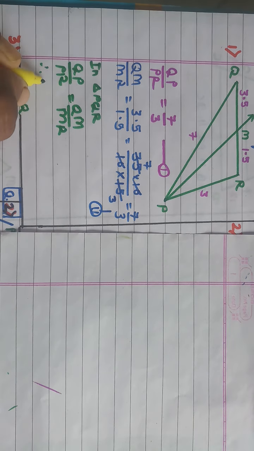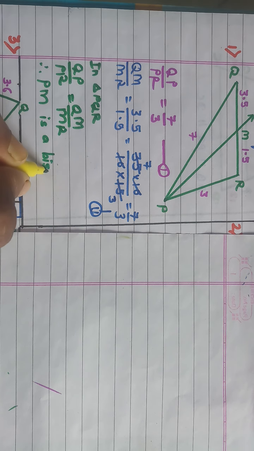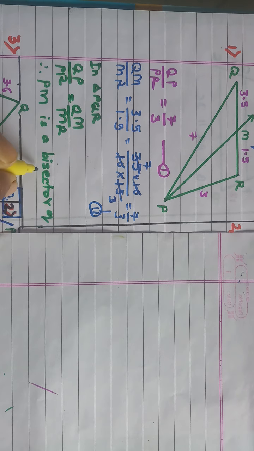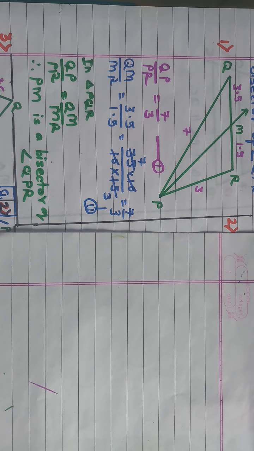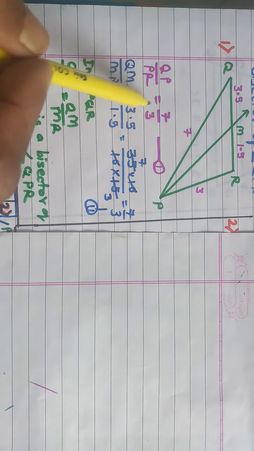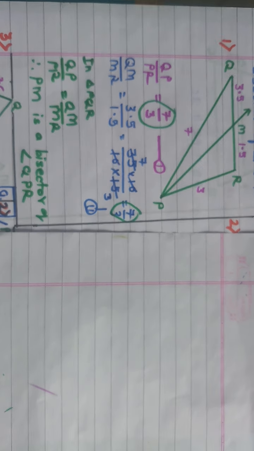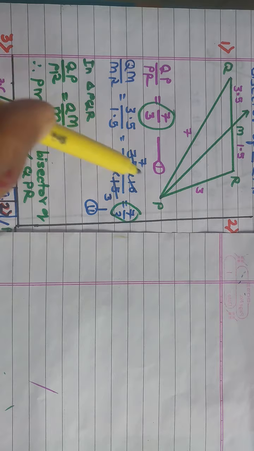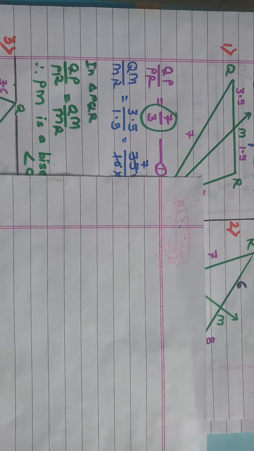Therefore we can say that PM is a bisector of angle QPR. Okay, so in such a sum we have to find out the ratio of the two. If both the ratios are equal, here 7 upon 3 and here also 7 upon 3, then we can say that PM is a bisector of angle QPR. Let's see the second one.